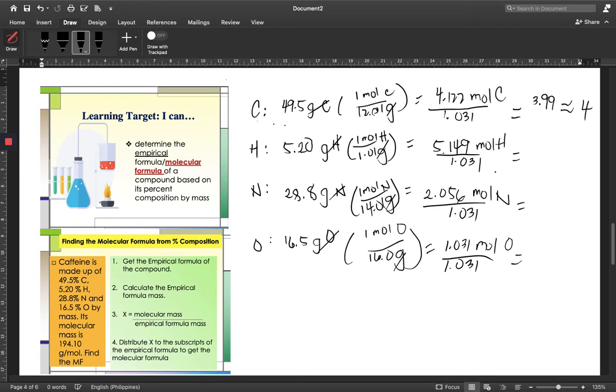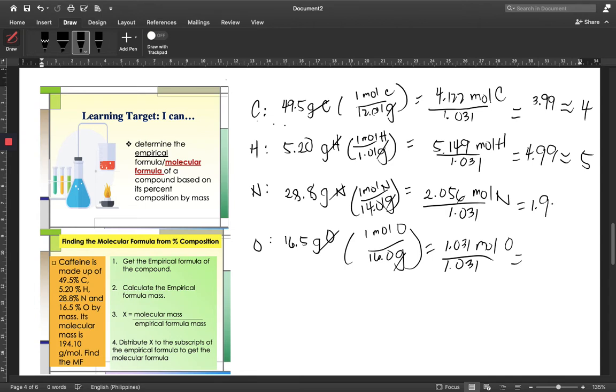And then for hydrogen, we end up with 4.99. If you have your calculators with you, you can do some double checking. This is approximately equal to 5 already. So now we have 4, 5, and then 1.99 for nitrogen.